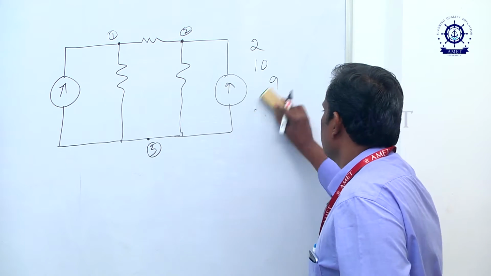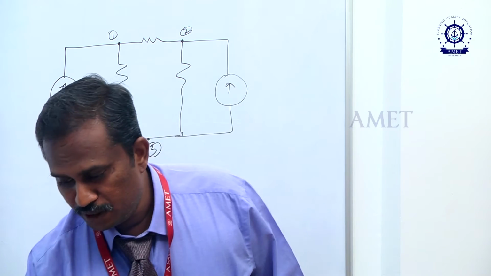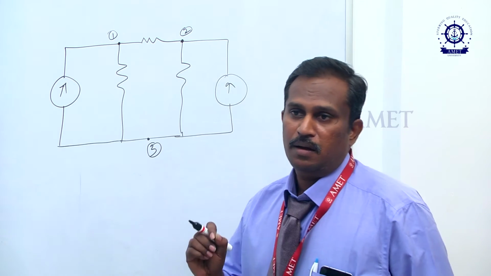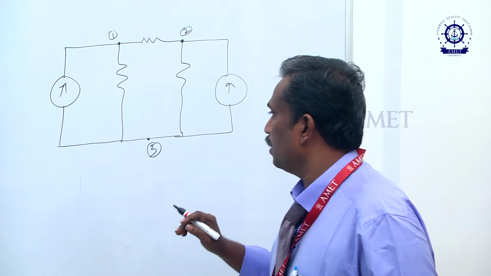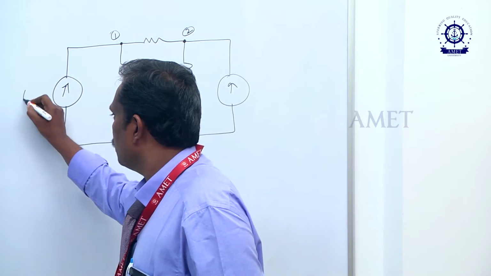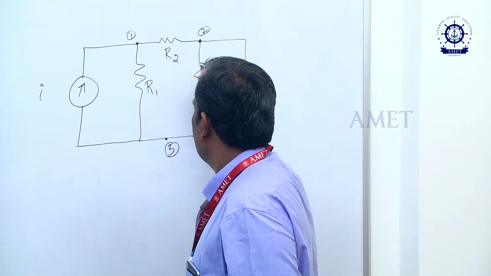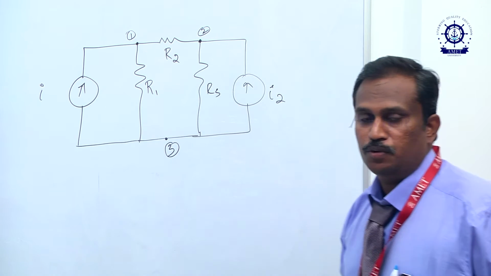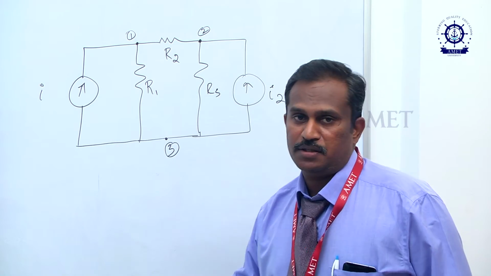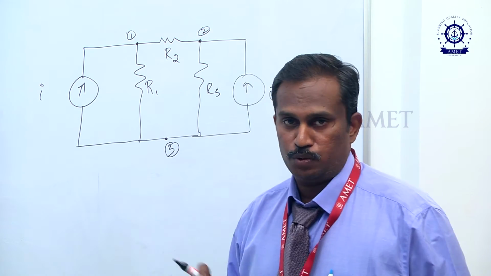First, if any circuit is given, you have to identify the number of nodes, then assign each node a voltage. For example, here there are 2 current sources I1 and I2, and 3 resistors R1, R2, R3. This circuit has 3 nodes.